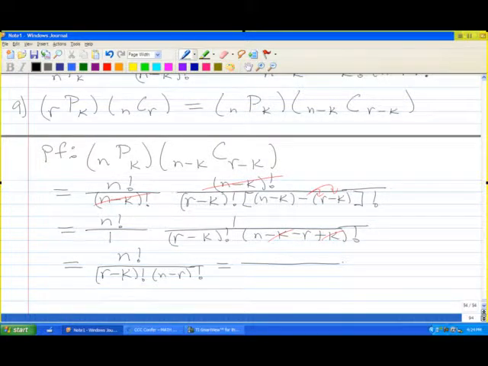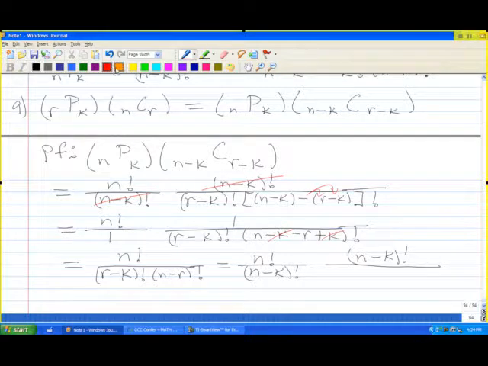So I want nPk, so that's n factorial over, I want n minus k factorial. So let's write this as, well, let's multiply and divide by n minus k factorial.